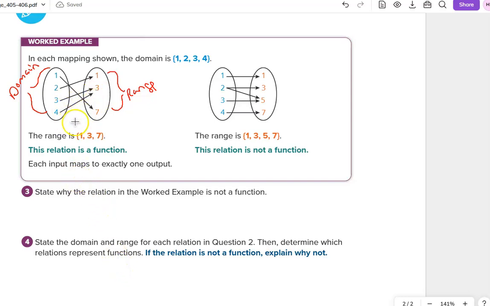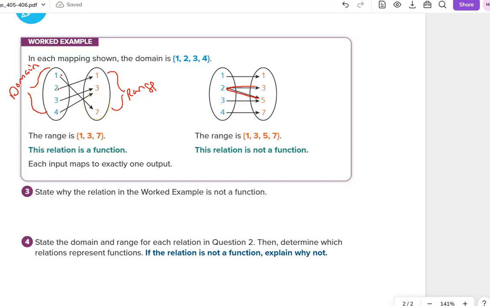In this one here, the relation is a function because I have one arrow going away from each number in my domain. The second one, however, is not a function because I have 2 arrows right here going away from one input. I can only have one arrow going from each input. So hopefully that makes sense.